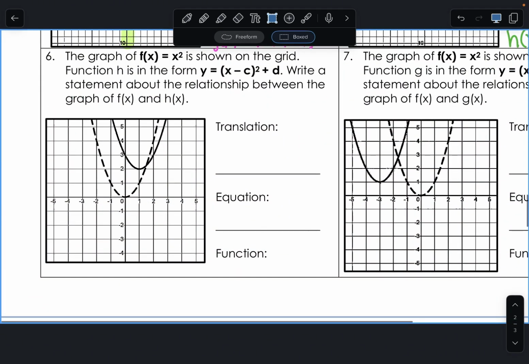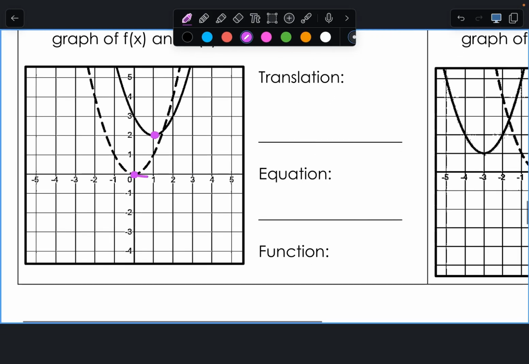So 2 more practice problems. These last 2 practice problems move in 2 directions. So here we go. Find both vertices. You always want to describe the left and right first. Which way did it go? Right 1. So we can write that down. Right 1. And then what? Up 2. All right, so let's write our equation.